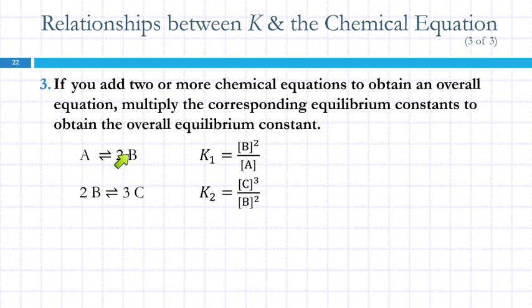So here A goes to 2B goes to 3C. If we add these equations together, we see that the two B's get canceled out, because that's like an intermediate. It was formed and then it disappeared again. And so the overall reaction is A is in equilibrium with 3C.